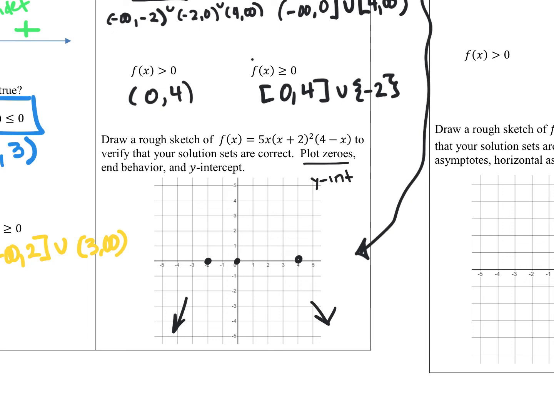So we're going to get 0 times all that stuff, which really puts us at 0, 0. That is our y-intercept. And just like we said before, at negative 2, we bounce because it was of even multiplicity. We're going to have to come back up through that x-intercept and y-intercept, then come back down and go through the 4. And so you can see it matches up that we are negative, negative, positive, negative for those little intervals.